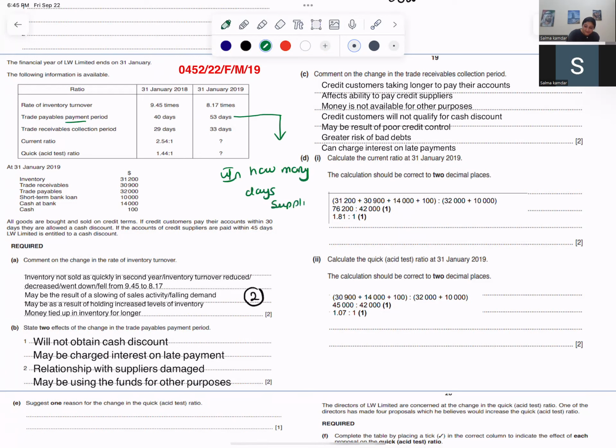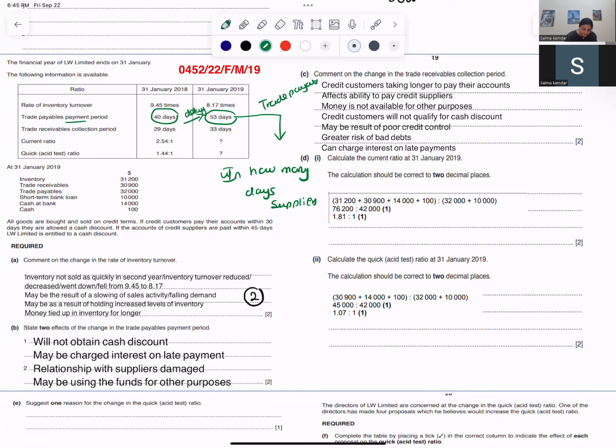If you see, I was paying my suppliers within 40 days of my purchases in the last year. Now I have delayed the payment by 13 more days. Now I am paying them after 53 days. That means I am paying my trade payables very late.